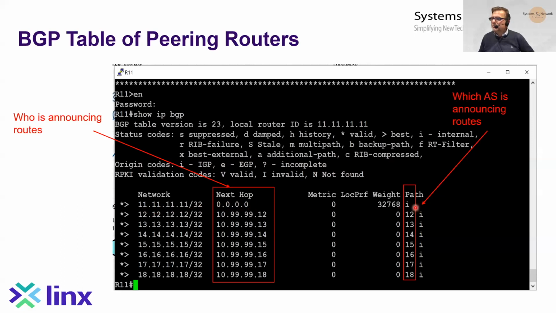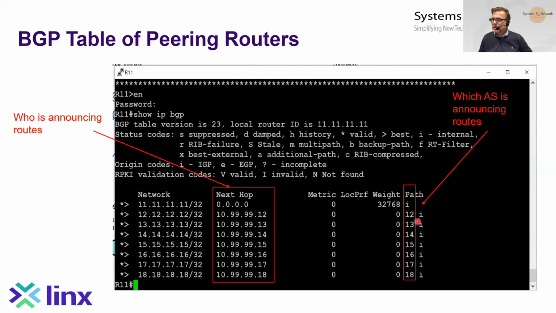And it also doesn't advertise to itself its own autonomous system number. But the routes coming from 12 to 18 in our demonstration setup are seen as coming from the address of those other 7 routers in ASs 12 to 18.